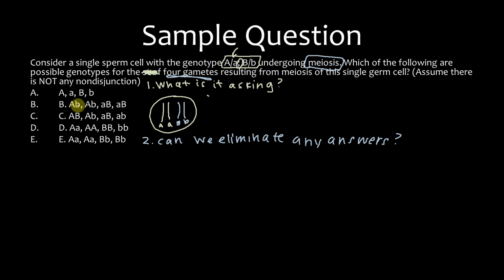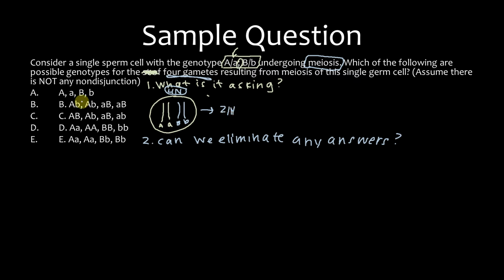Well, right away, we know that we can eliminate A, because we're talking about meiosis. So we're going from something to half of that. We're actually looking at a 4N cell here. So that's kind of weird. This is not what we're used to seeing. So if we start with 4N, half of that is going to be 2N.